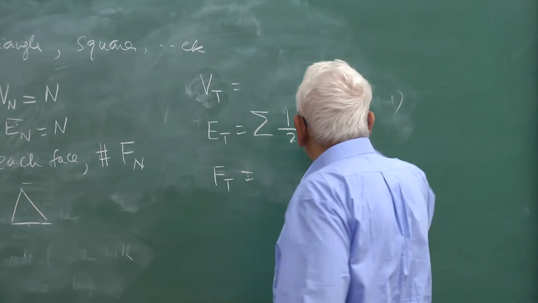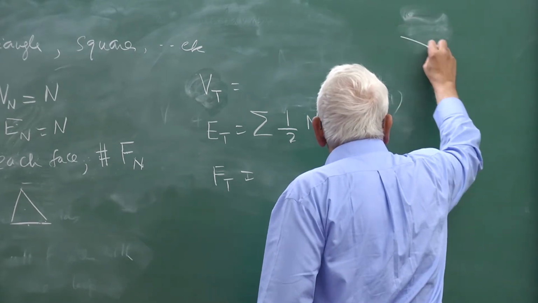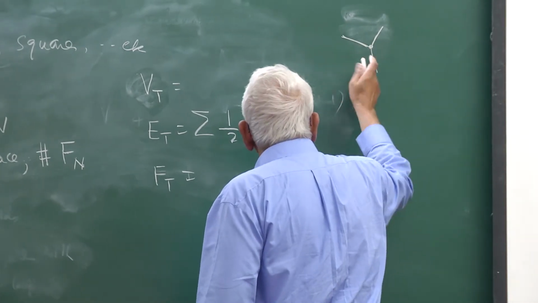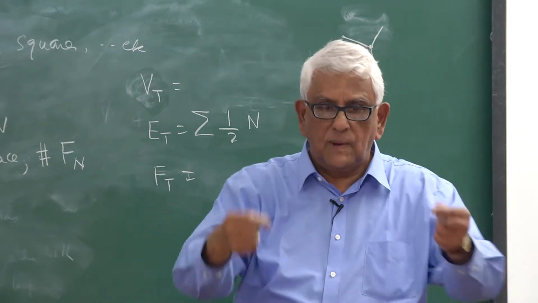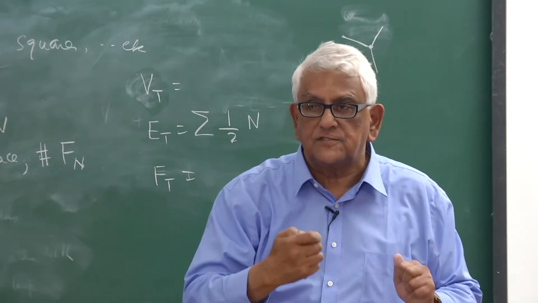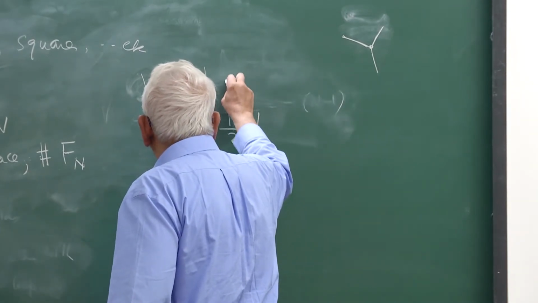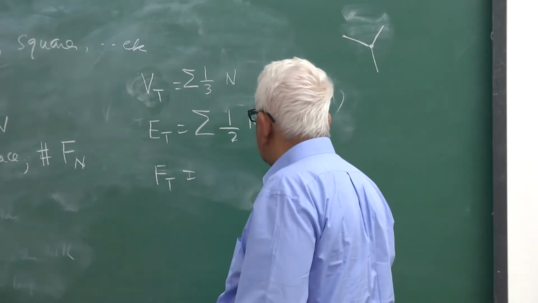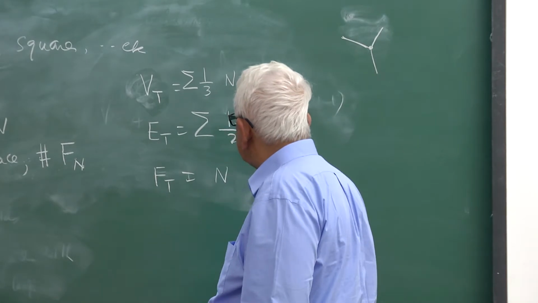For the vertices, I have to make a rule: suppose I have a thing where 3 vertices come together. You can have other rules. So I assume I am gluing together 3 vertices. So this will be equal to one third of n, summed over n. Okay, and Fn, let us suppose there are n of these things.